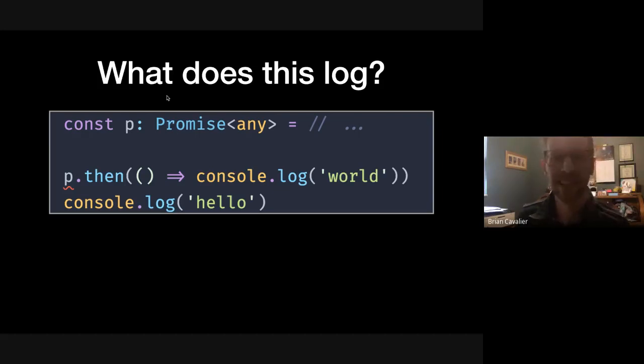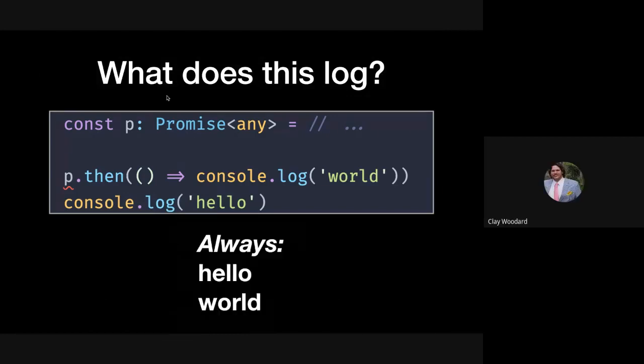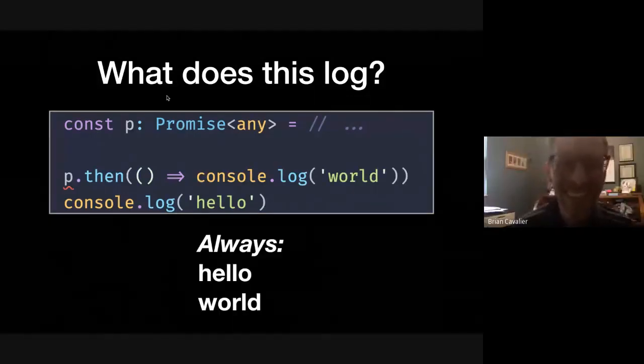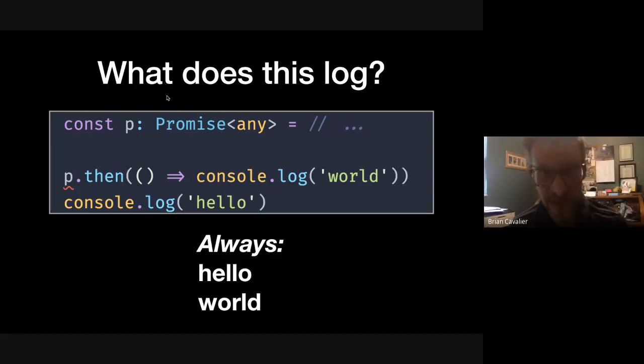Yeah, so the important thing here is that it cannot log world hello. It always logs hello world, even if P is like promise.resolve of some value.